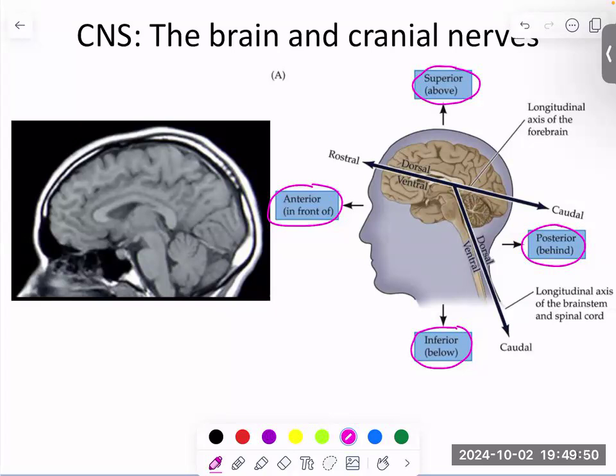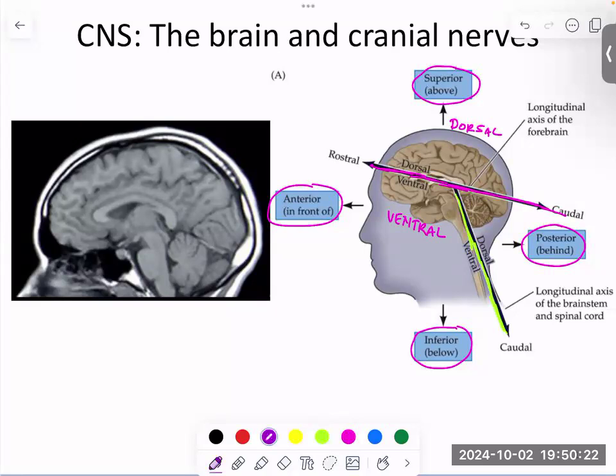For example, the brain is cut in this direction. The superior side is also, for the brain, the dorsal side. The inferior is ventral. And you can see it's different for the spinal cord.